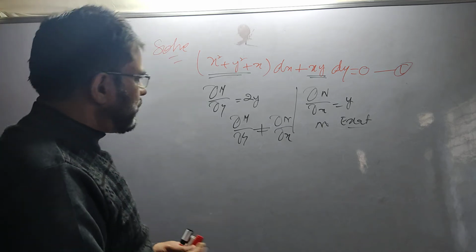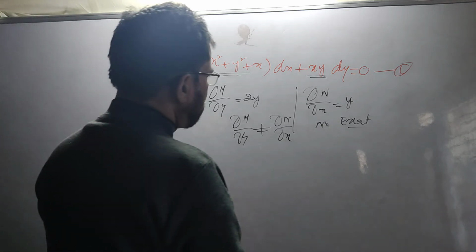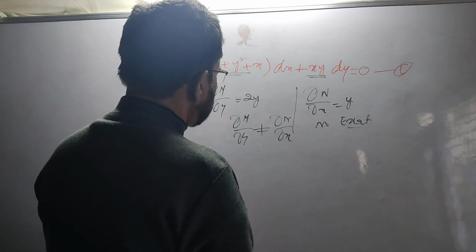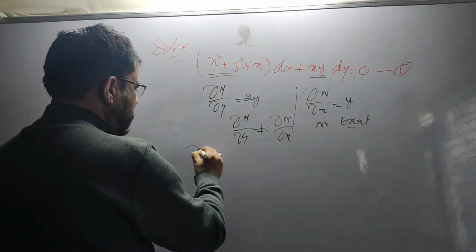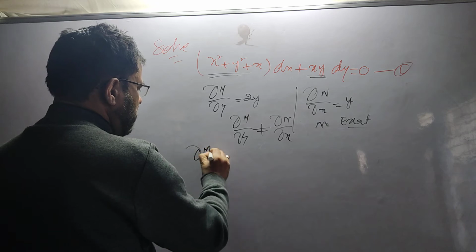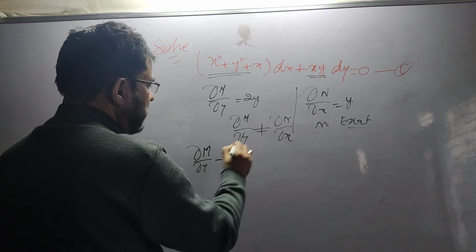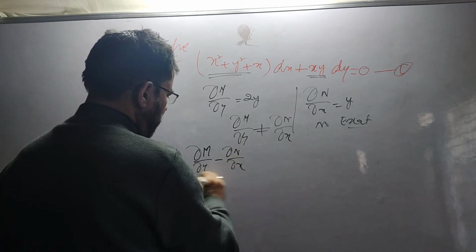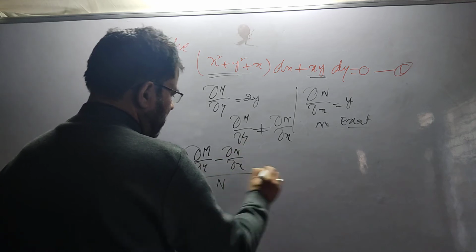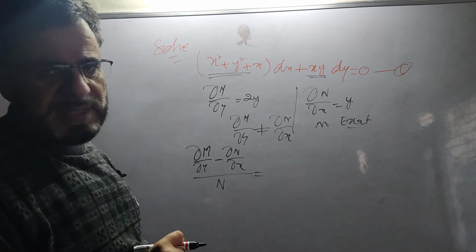Third and fourth we'll get it from here. You see, if I write here what is del m by del y minus del n by del x, divided by n, this should be a function of x.